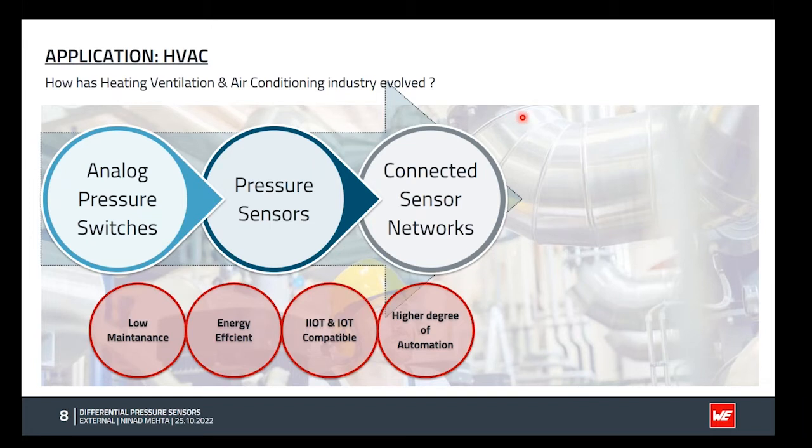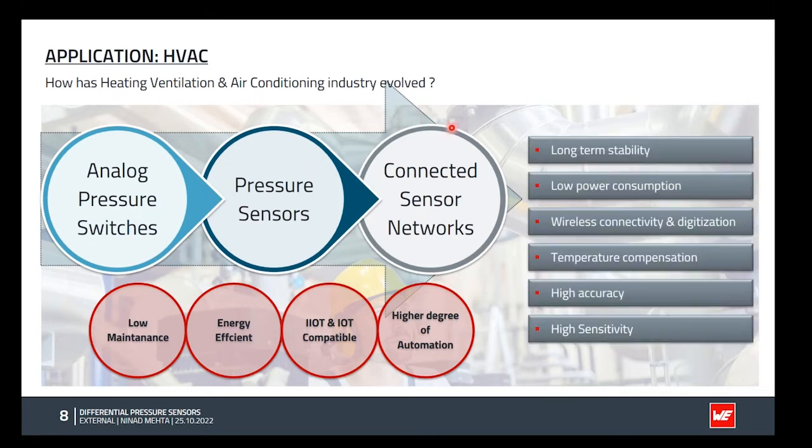So the systems are getting low maintenance, smart, energy efficient, and more and more automated. This also requires the sensors to be compatible with these kinds of systems. Sensors with long-term stability, lower power consumption, IoT readiness, easy connection to a wireless system, or plug and play solutions are more suitable for these applications.